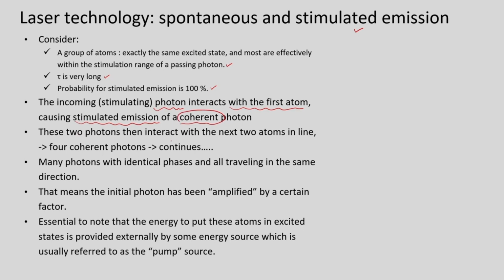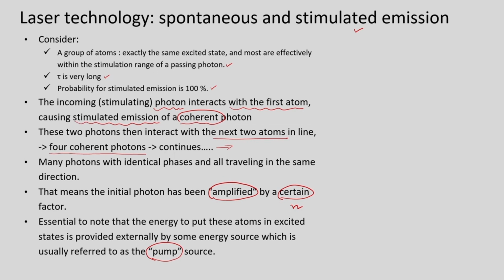These two photons then interact with the next two atoms in line, and we get 4 coherent photons, and this continues further. Many such photons with identical phases travel in the same direction. That means we are amplifying by a certain factor. It may be 2, 4, 10, or that factor may be n.